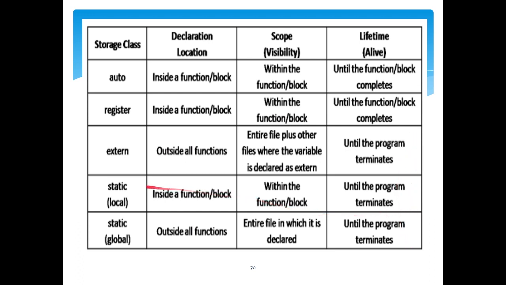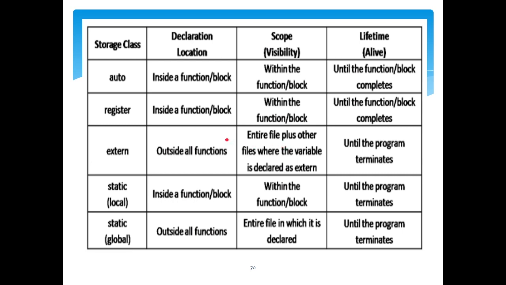These 3, extern, static local and static global, have the lifetime until the program terminates. And for the scopes, static local is similar to register and auto: the scope is within the function block. For extern, the scope is the entire file plus other files where the variable is declared as extern. Suppose there are 2 files.